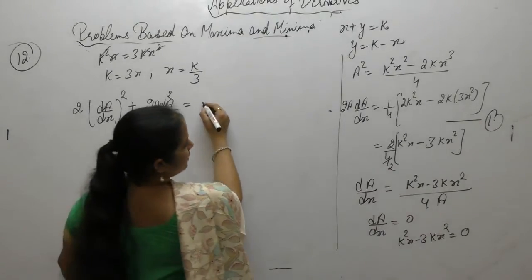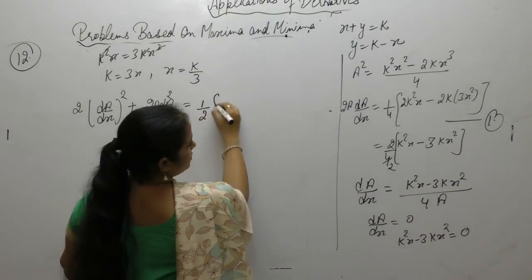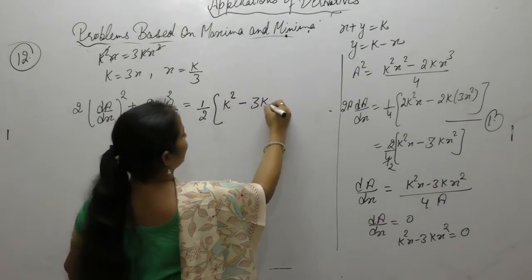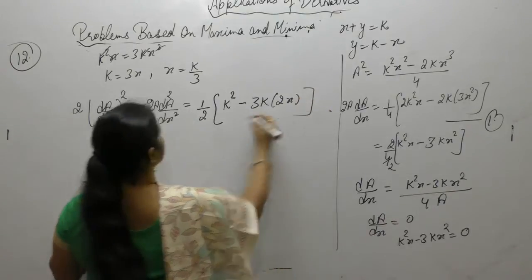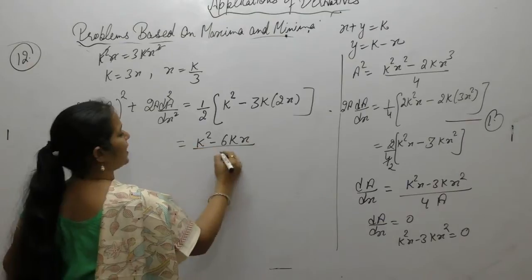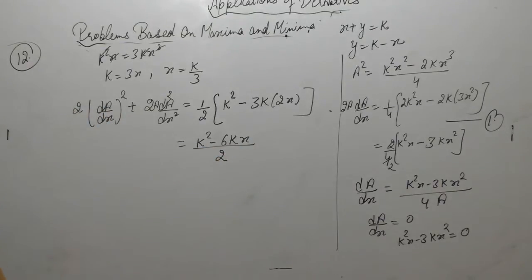Now 1 upon 2 k square, derivative of x is 1 and x square is 2x. So we get k square minus 3 into 2, 6kx upon 2.